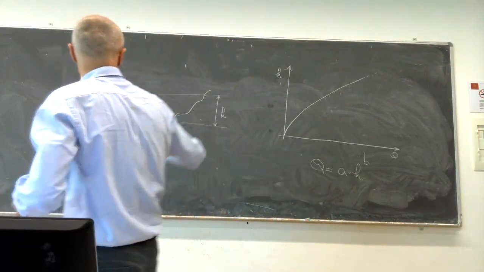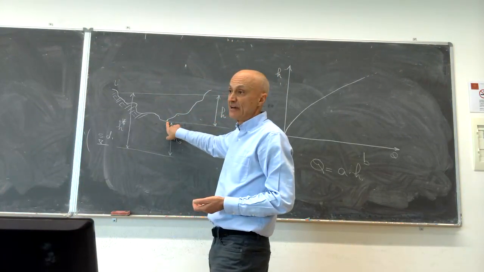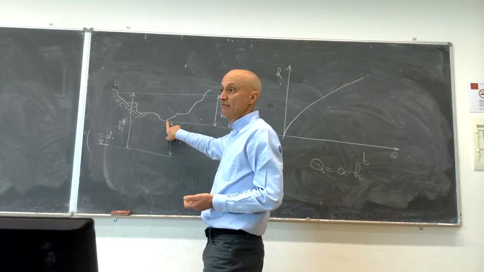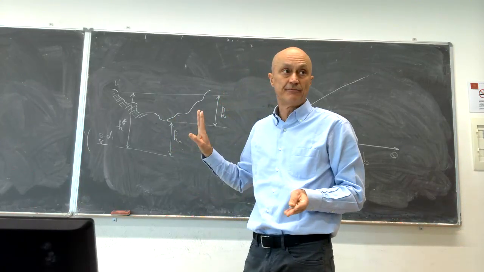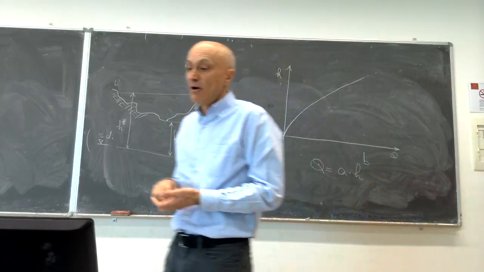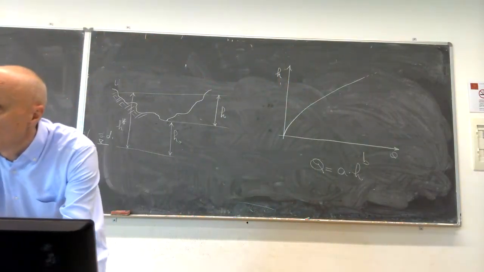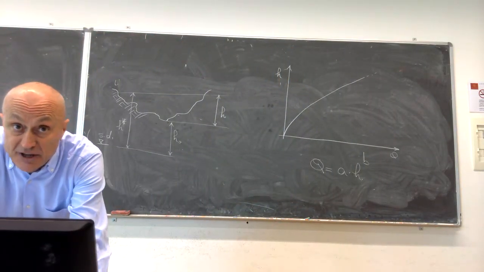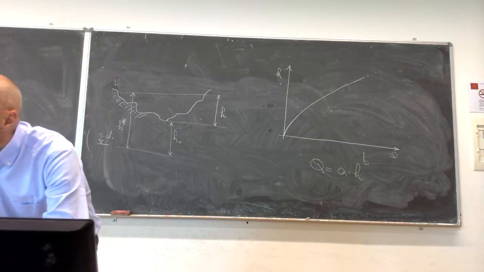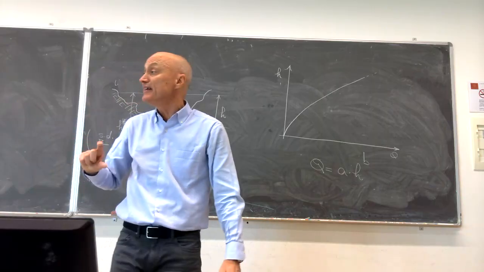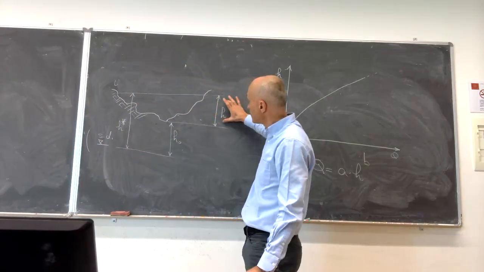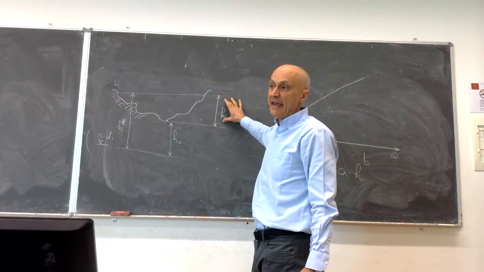So, how do we derive this mathematical formulation? How do we estimate the two parameters that are needed in order to convert a water depth into a discharge value? We need to start from empirical data. Normally, the source of information are measurement campaigns, right?